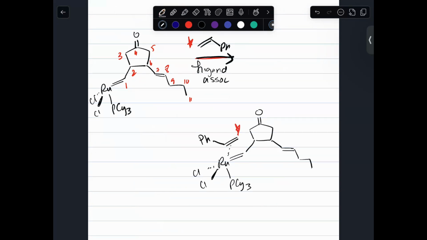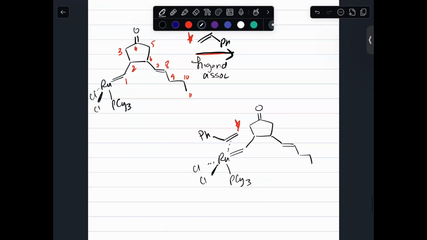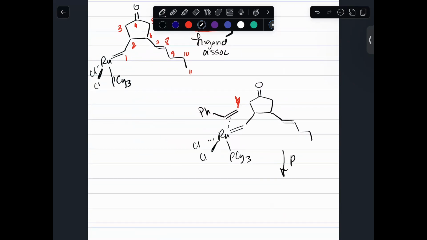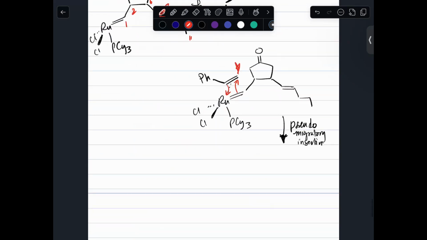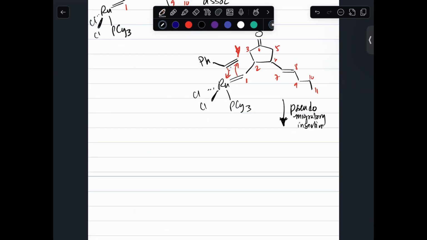There's my alkene associating to my ruthenium. I do a pseudo-migratory insertion. And so you can start seeing the introduction of the star carbon bonded to carbon 1.